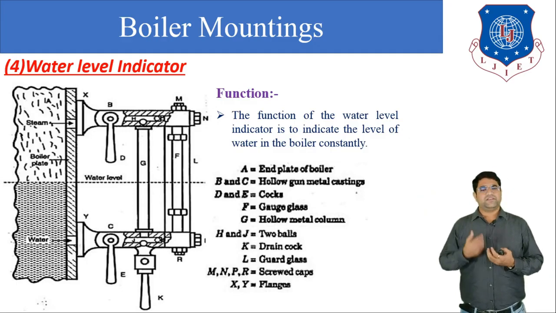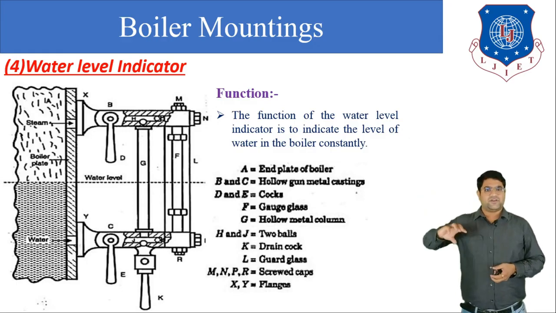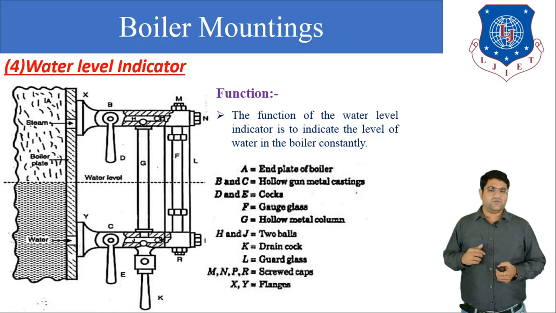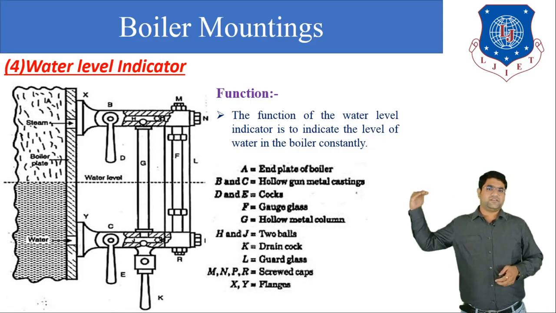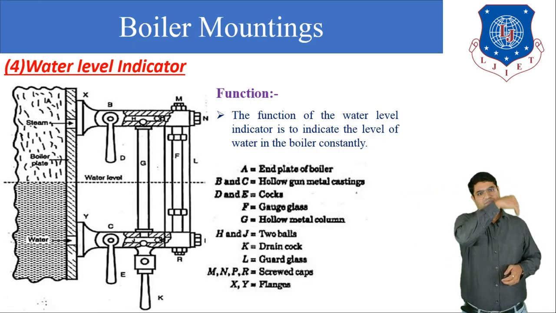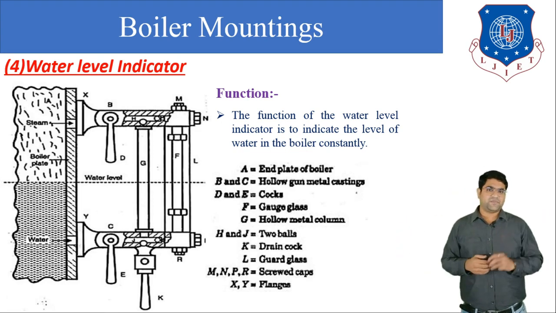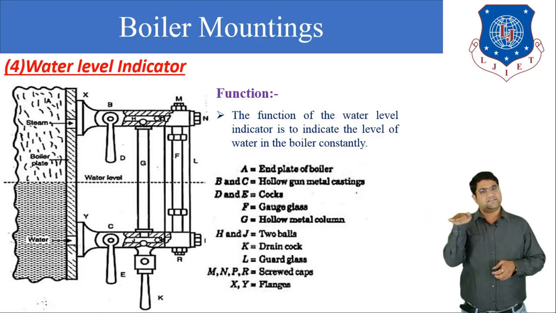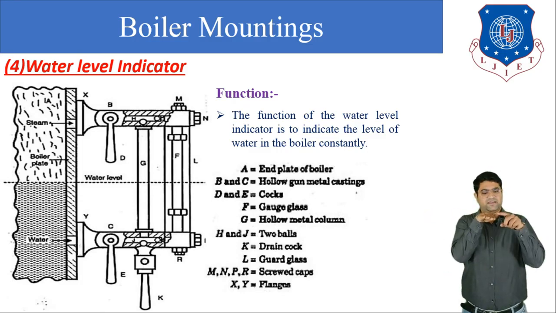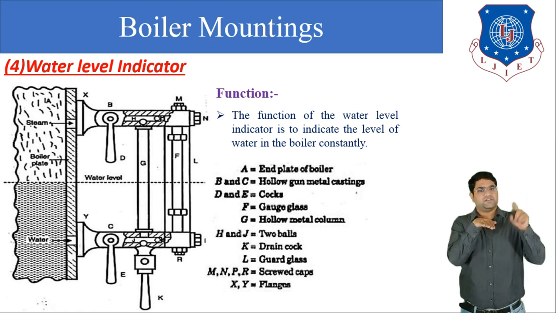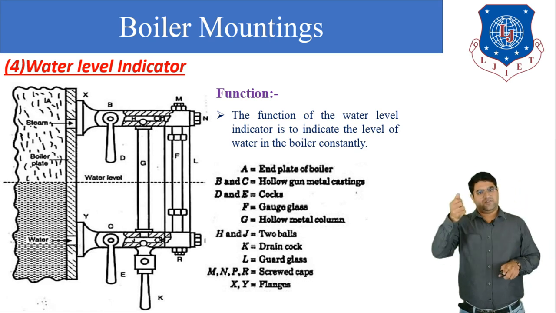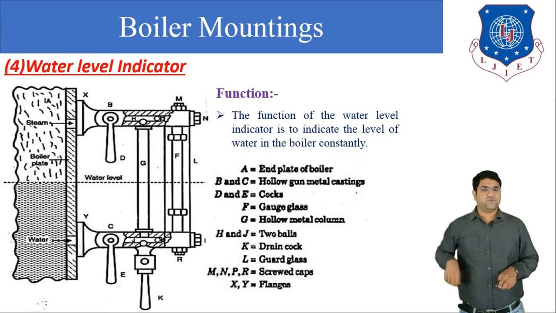Basically, first of all we will open both valves. From the upper valve the steam will come inside the glass tube, and from the bottom side the water will come inside the glass tube. Finally the water will reach a certain level, and that level we can measure with the help of the scale. After that we will close both valves.